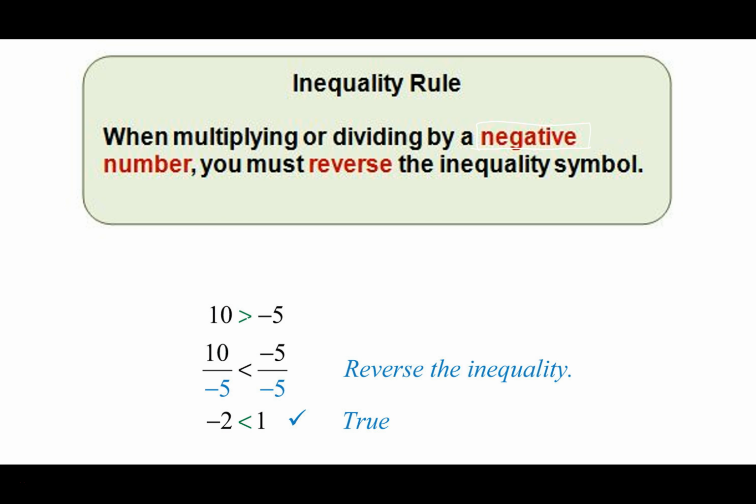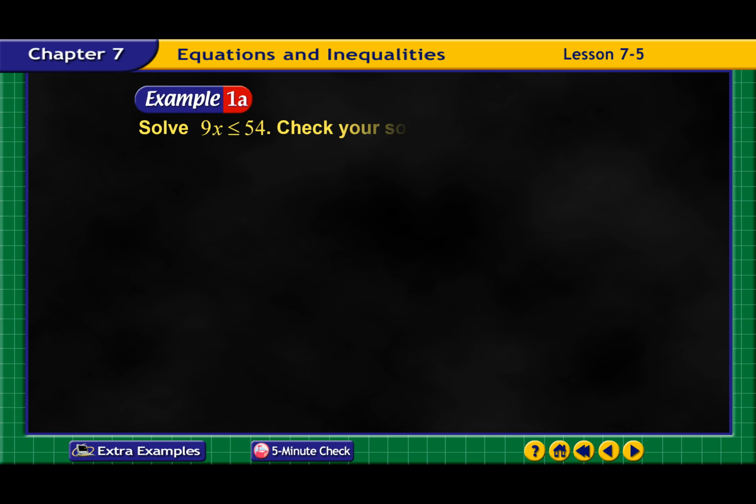When you divide or multiply by a negative, so if I multiplied by negative 5, we'd still have to flip the sign. That's not going to come into play for a while, so let's just keep going.